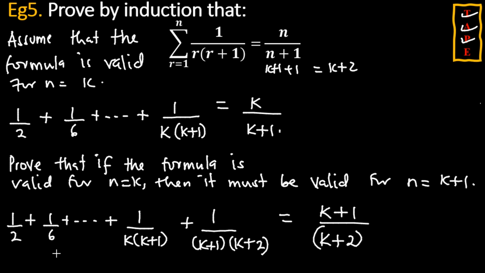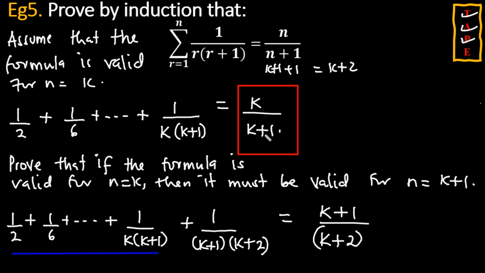Now on the left hand side, it is clear that 1/2 plus 1/6 plus dot dot dot plus 1 out of k into k plus 1, we say that is the same as saying k out of k plus 1.